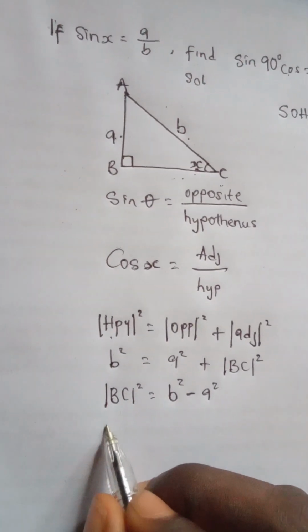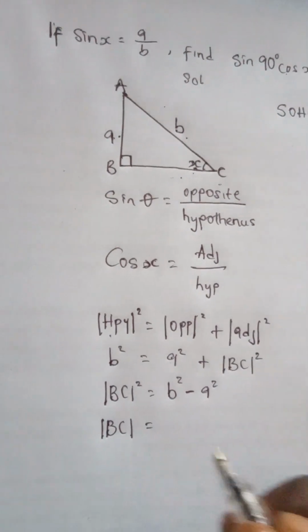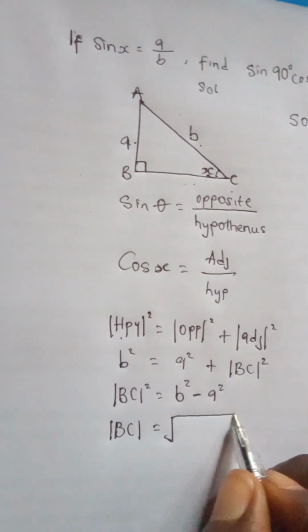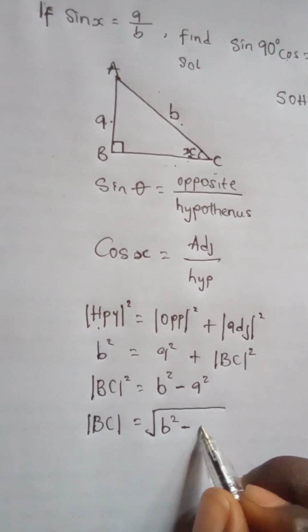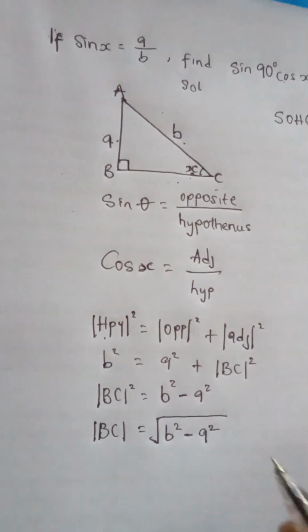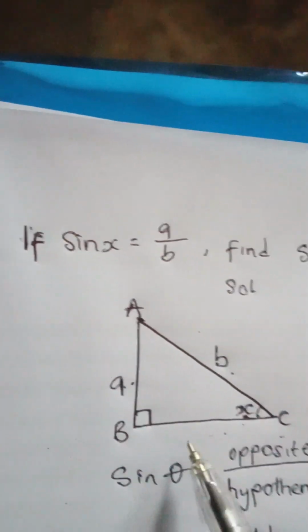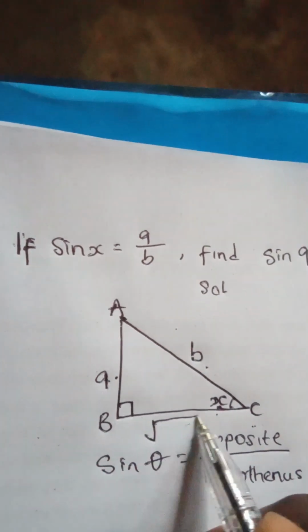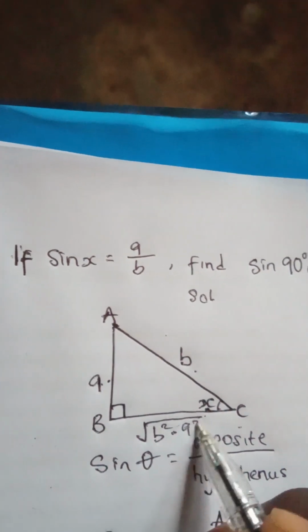So that BC will be the square root of b squared minus a squared. So in the diagram now, this our adjacent will be the square root of b squared minus a squared.